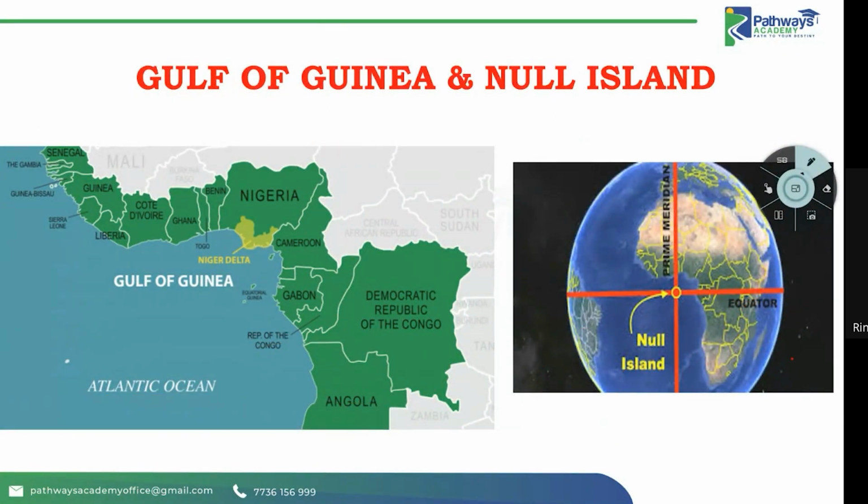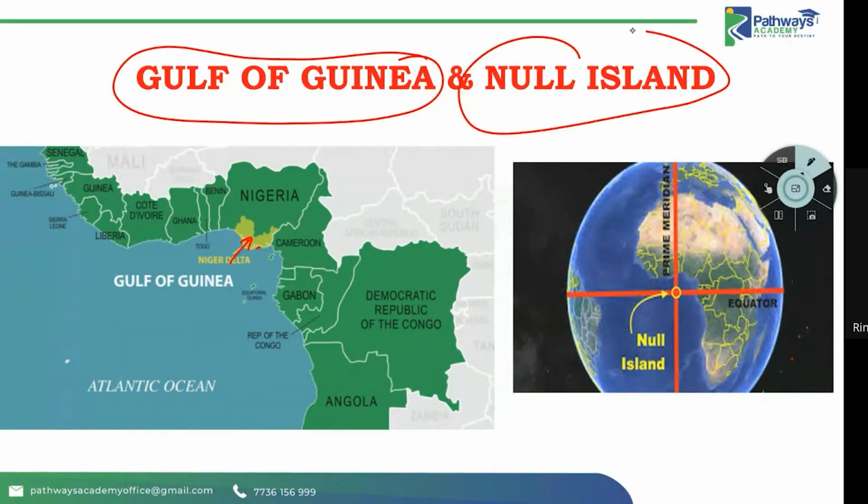Then Gulf of Guinea. Why did Gulf of Guinea come into the news? It is because India did an anti-piracy drill here. That is why it came in the newspaper. In this, nothing else is important. Just note Null Island. There is an island just west of this Gulf of Guinea.